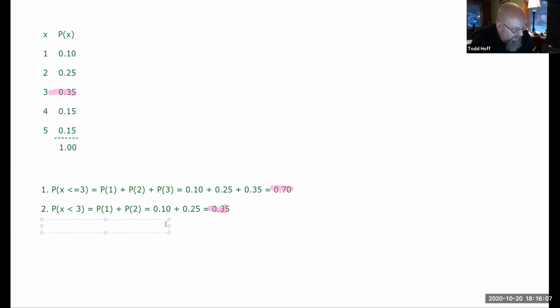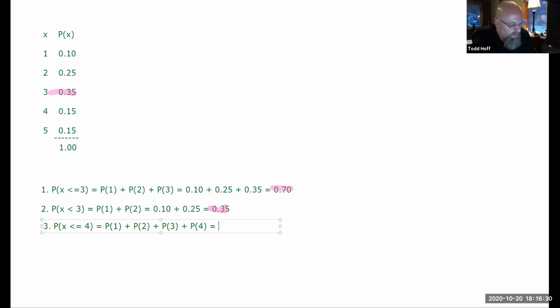Now, one thing that we looked at last week with our probabilities that some people struggled with is complements. What's the probability that x is less than or equal to 4? Well, I could add up probability of 1 plus probability of 2 plus probability of 3 plus probability of 4.